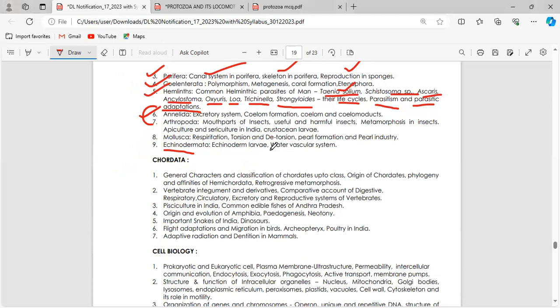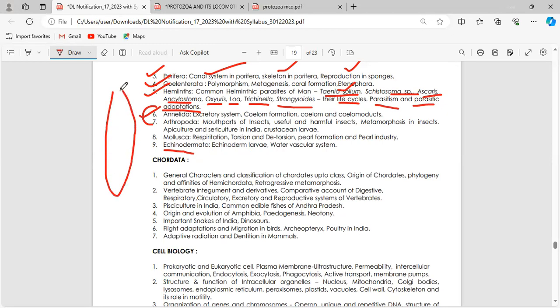See, from Annelida, the concept of metameric segmentation will arise. Up to Nemathelminthes, I didn't even mention a single word like segmentation, that too metameric segmentation. From this phylum Annelida, the concept of metameric segmentation will arise. What does metameric segmentation mean? The body is completely made up of segments.